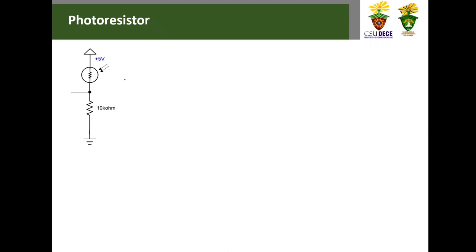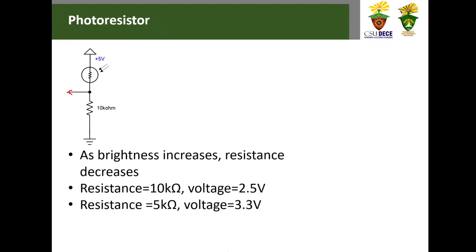The rectangle block earlier, we just replace it with this photoresistor device. We can fix our resistance here, and here we have the pin going to the Arduino. With the photoresistor, as brightness increases, resistance decreases.